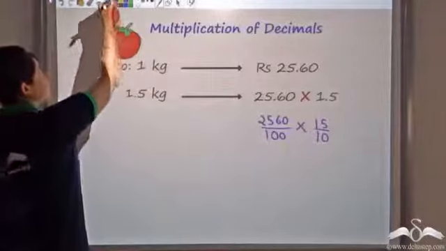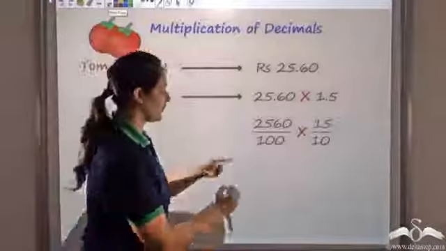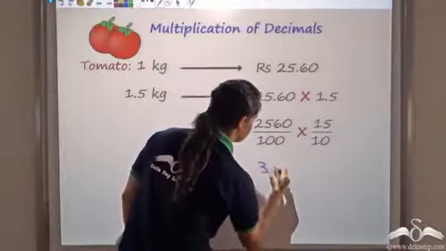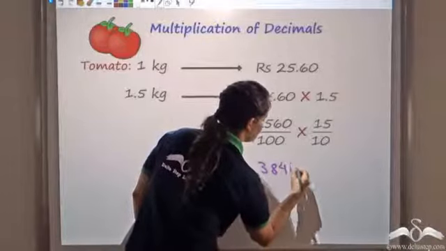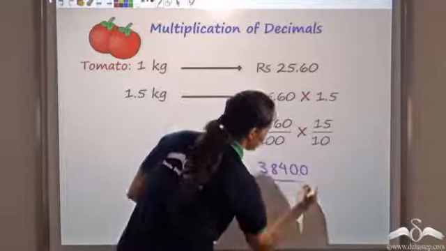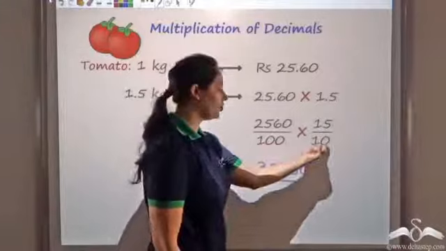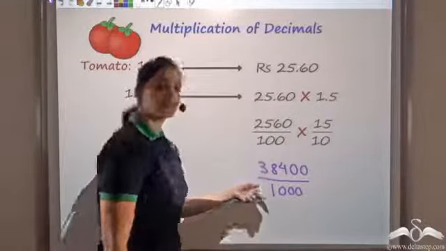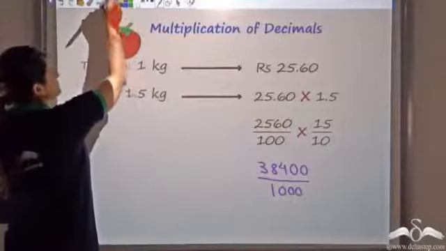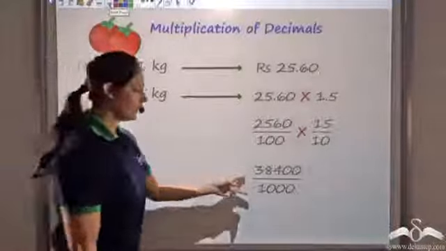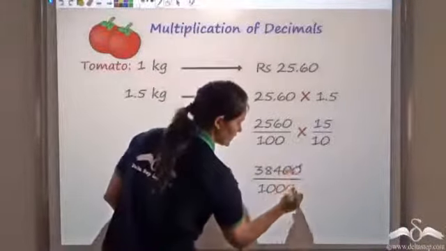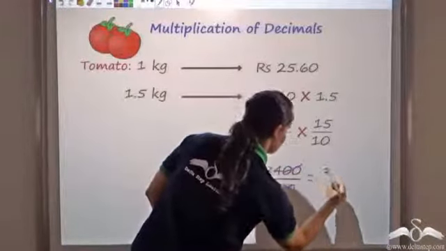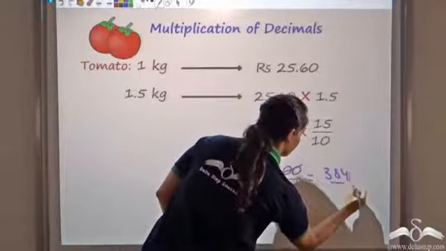Now multiplying the numerators, I get 38400, and multiplying the denominators, that is 100 into 10, I get 1000. So this is what I get: 384 by 10.